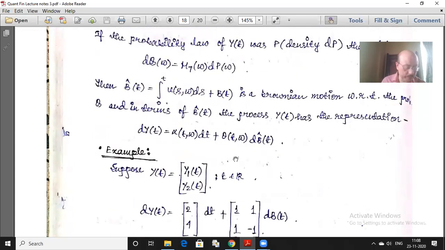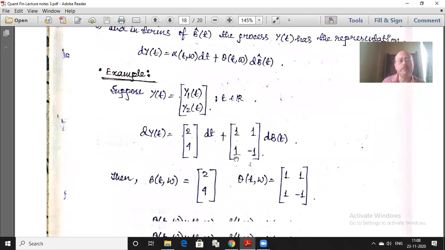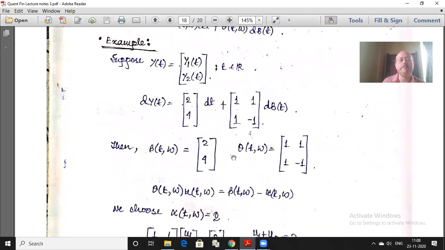Let me look at 1 or 2 examples, and then probably we can think about whether this makes sense. So again, suppose we have this 2-dimensional process y. This is a reasonably easy example where dy is given by: the first row is 2 dt plus dB1 plus dB2. The second row is 4 dt plus dB1 minus dB2.